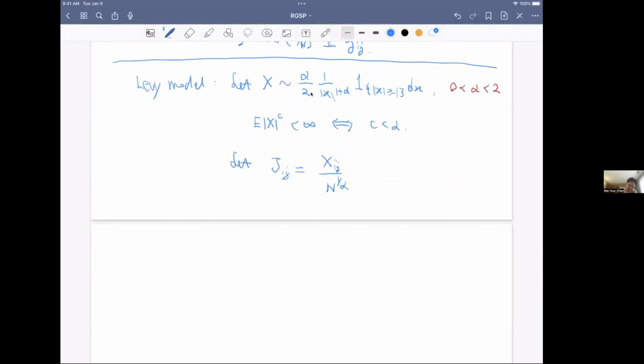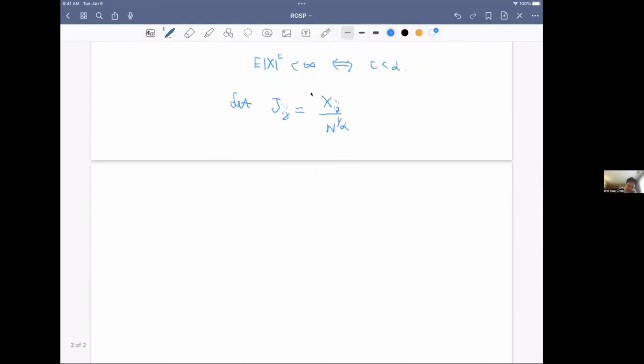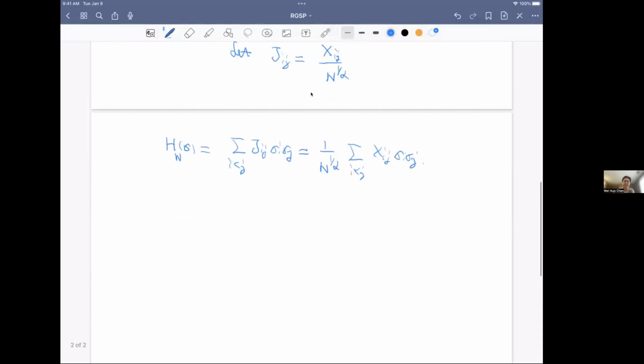So the Hamiltonian of the Lévy model is again a sum of Jij sigma i sigma j, for i less than j. If I put my X inside here, it looks pretty much the same as the SK, right? So this is the sum over i less than j of Xij sigma i sigma j.